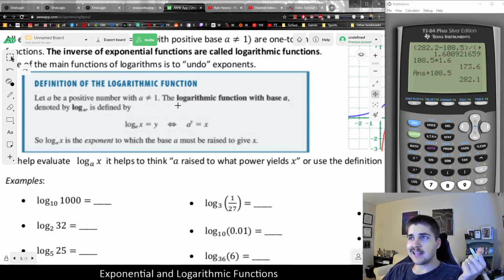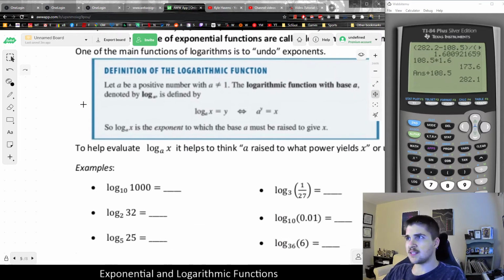It says that an exponential equation can be rewritten as a logarithmic equation where the positions of x and y have been changed. Remember, that's really the key with an inverse function: we swap x and y in order to solve for the inverse. That's basically what this is getting at.